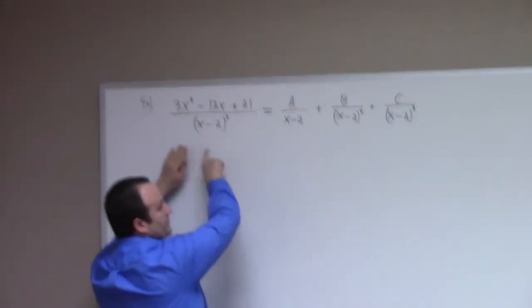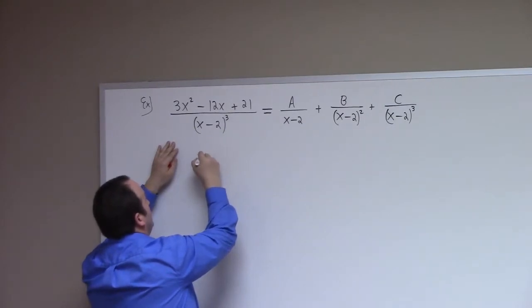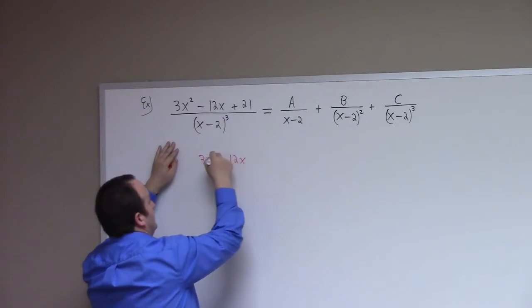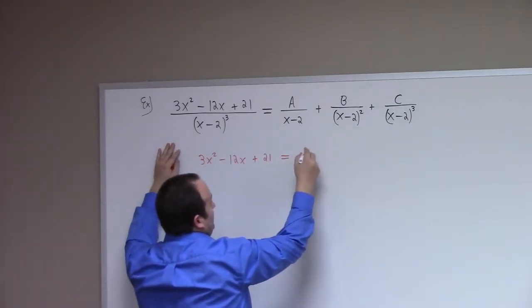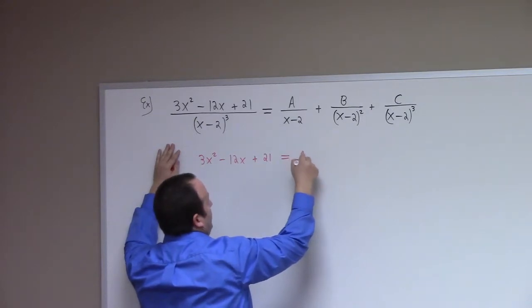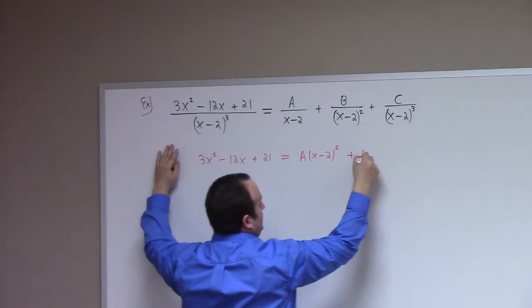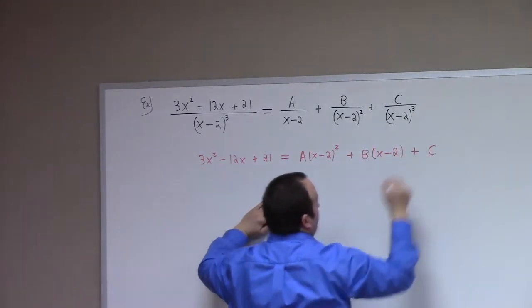So the same song and dance as last time. First of all, multiply both sides by the denominator. That gives me 3x^2 - 12x + 21 equal to what? A times (x - 2)^2 plus b times (x - 2) plus c.